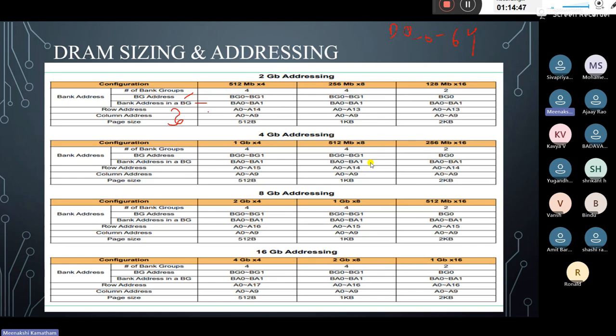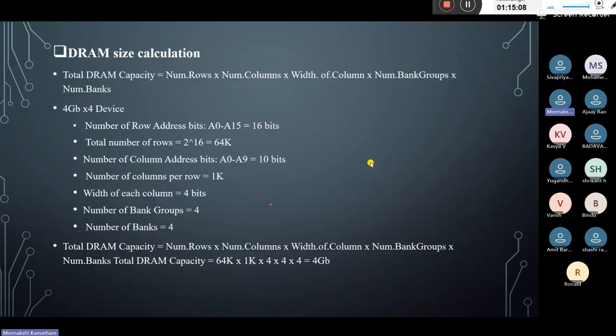The main thing is the row address selection. See here how it will select: A0 to A14, A0 to A13, A0 to A15, A0 to A16, A0 to A17. This is how the row address selection should happen.